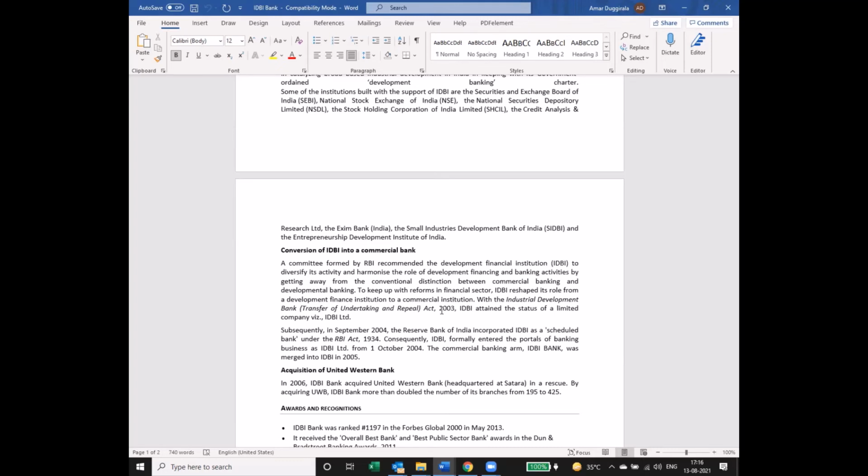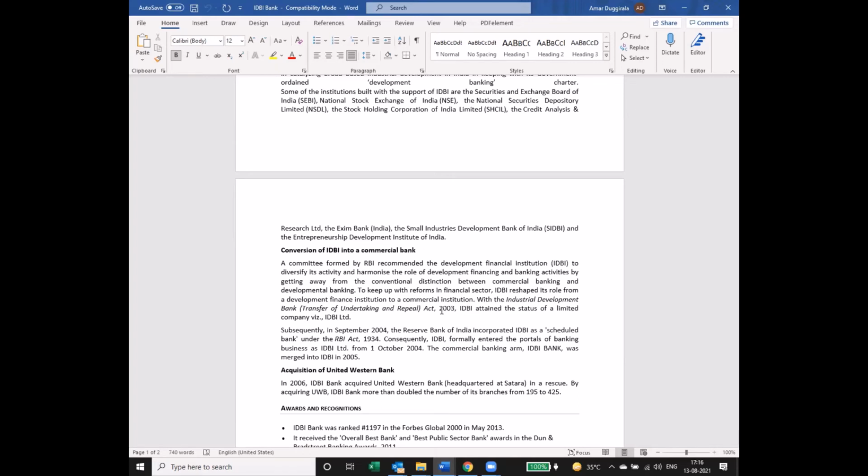Subsequently, in September 2004, the Reserve Bank of India incorporated IDBI as a scheduled bank under RBI Act 1934. I've told you that there are two categories under RBI Act 1934: scheduled banks, which have more than 5 crores of capital, and non-scheduled banks, which have less than 5 crores of capital. So it had more than 5 crores of capital.